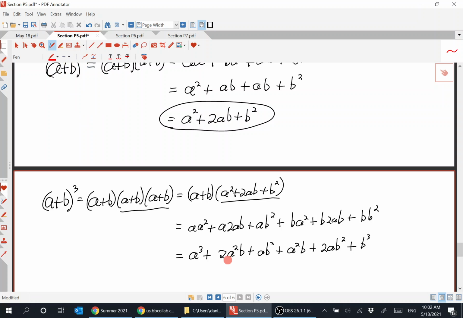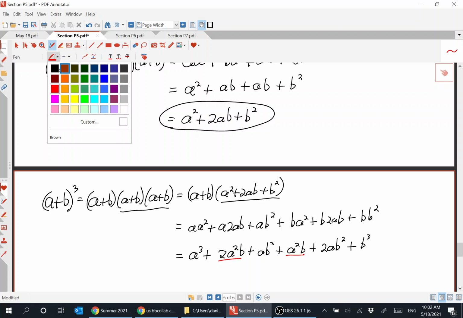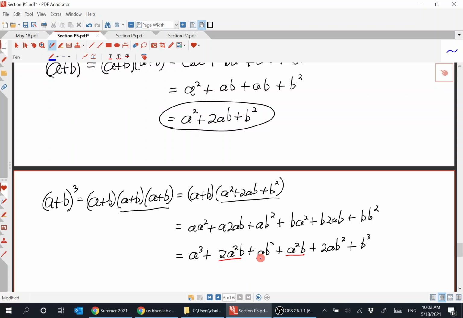So we've got 2a squared b plus a squared b. So how many a squared b's is that? How many of these two red things? 3. 3 of those. And 3 of the blue things.